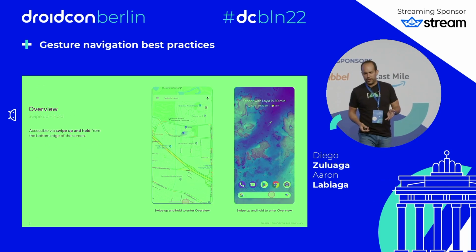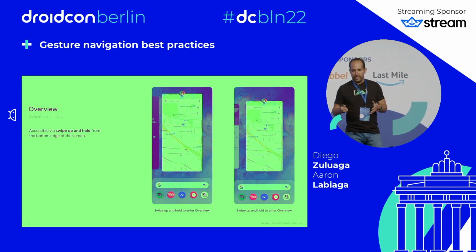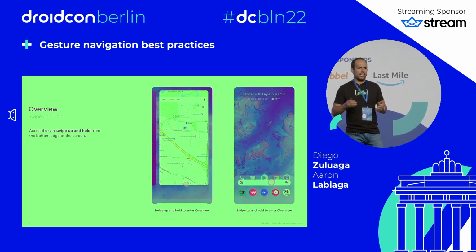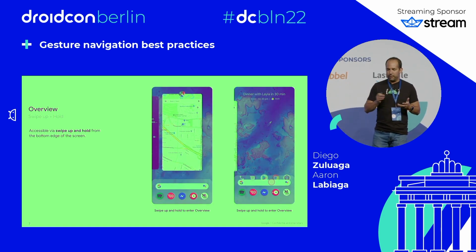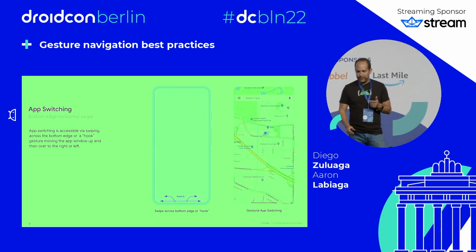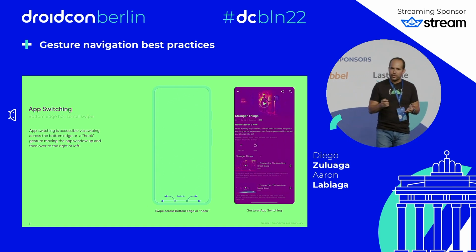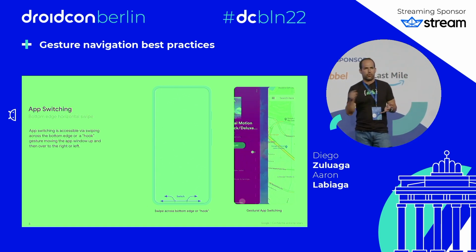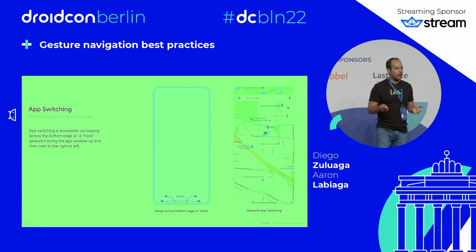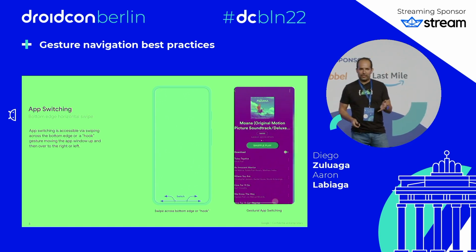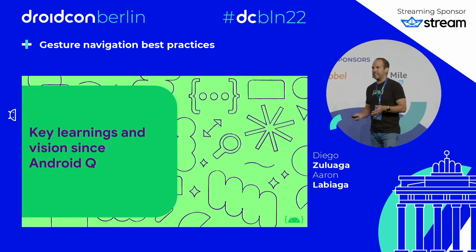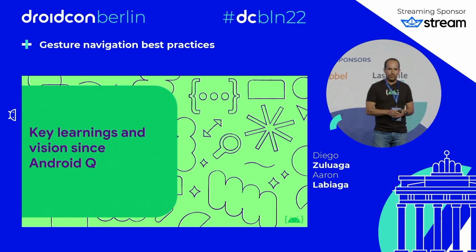Then the overview: you swipe up, you're able to dismiss some apps, or navigate to a different app. And app switching, where you use the hook at the bottom of the screen to navigate from one app to another.